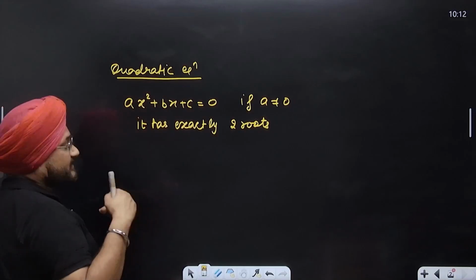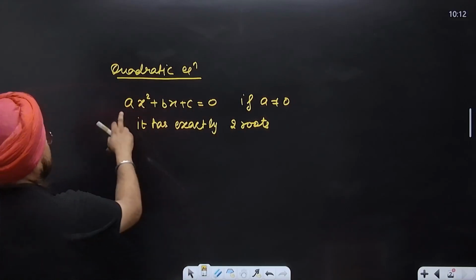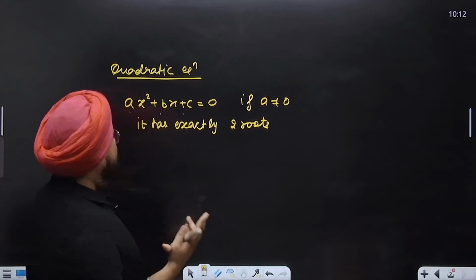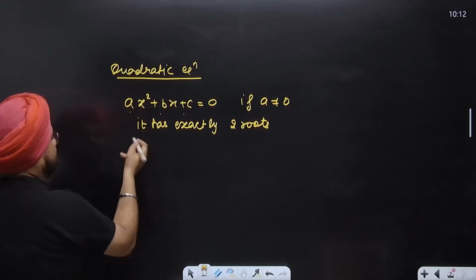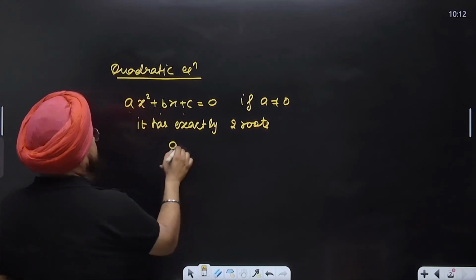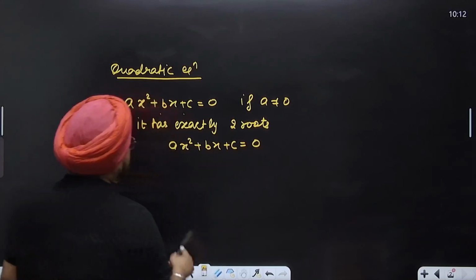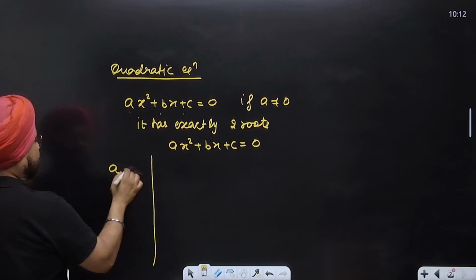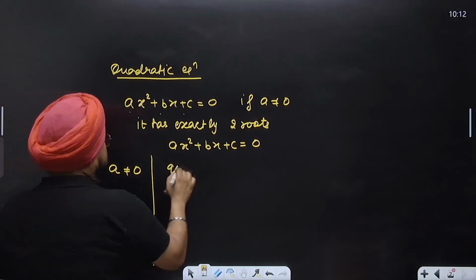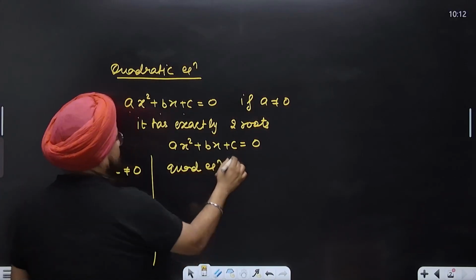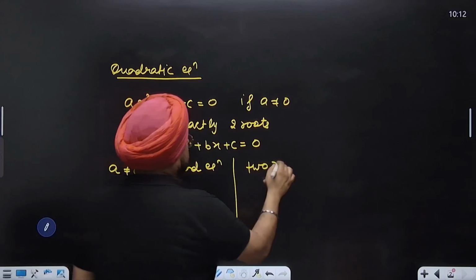So we will see different conditions where the coefficients a, b, c can take zero values or not. Let's consider this equation. We are taking different cases. When a is not equal to 0, this is a quadratic equation which has two roots.